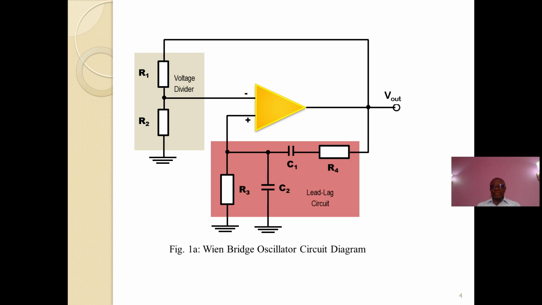If you look at it, you see where we marked with pink, that circuit consists of the lead-lag circuit, while the one shaded dark represents the voltage divider of the circuit. The assumption is by now we know what voltage dividers do in any circuit.